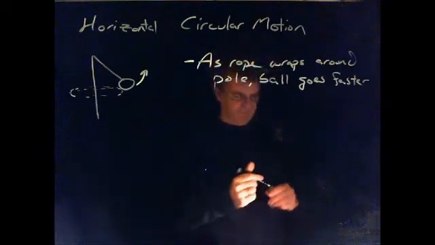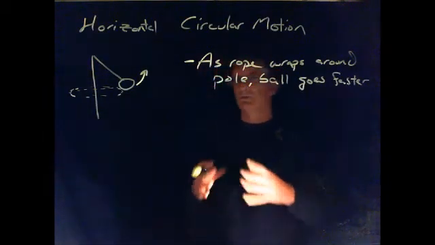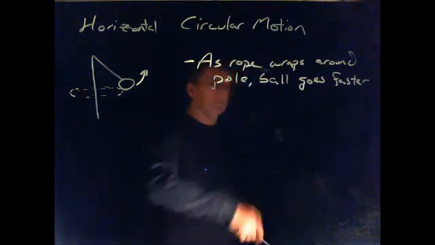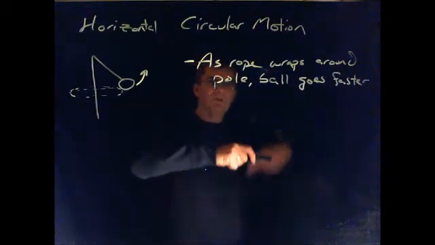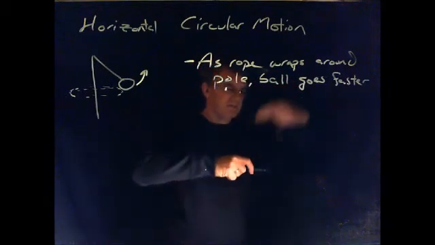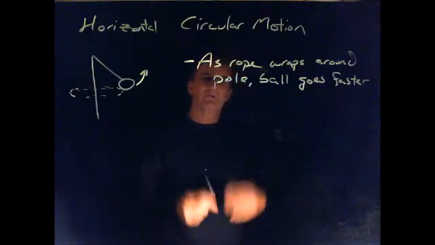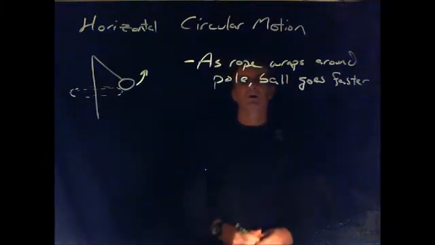If you're not really sure what I'm talking about, take a stick, tie a string to it, tie the other end of the string to a tennis ball, and just give it a whirl. Get the ball turning in a circle, and then hold it still. As that string wraps around the stick, the ball is going to get faster and faster as it gets closer to the stick.